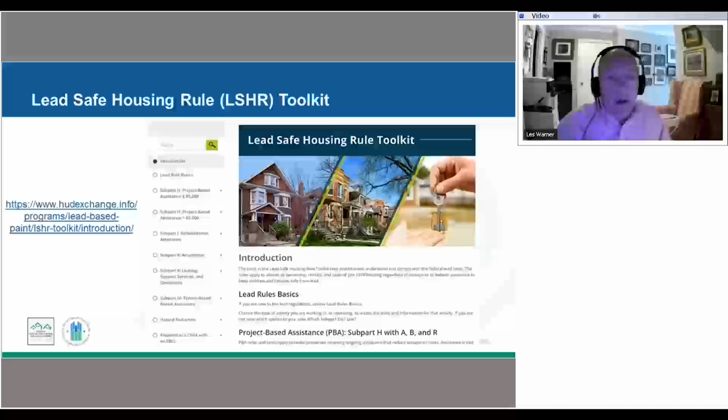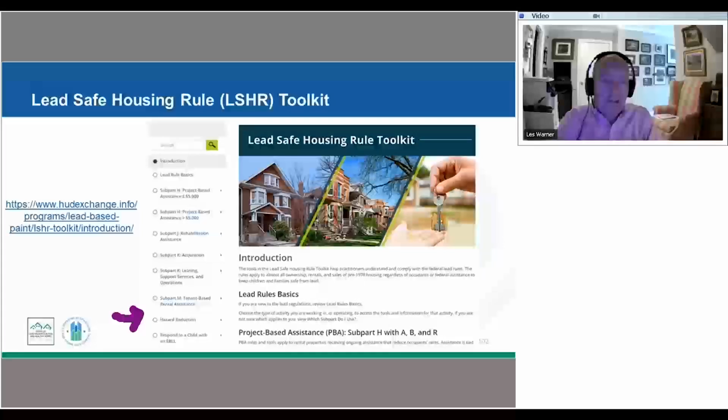Yeah. So if you go to the toolkit, not only do we have the different subparts as part of this, but there's also a category down closer to the bottom of hazard reduction. Depending on the aspect of the rule that you are looking for, that's where all the related links would be for sample tools, sample reports.